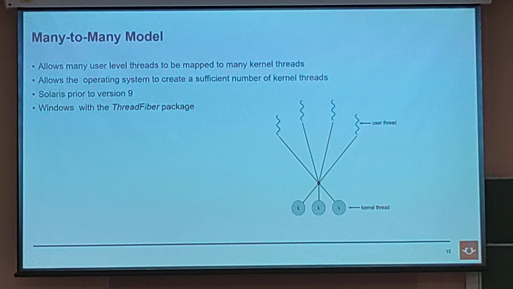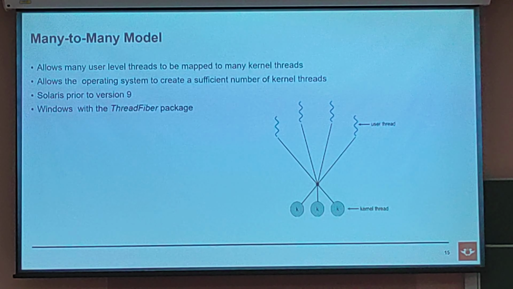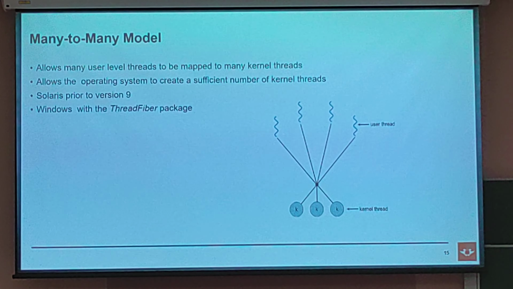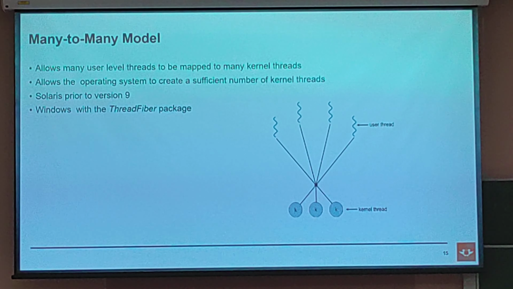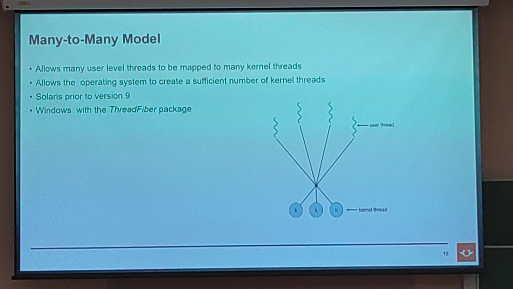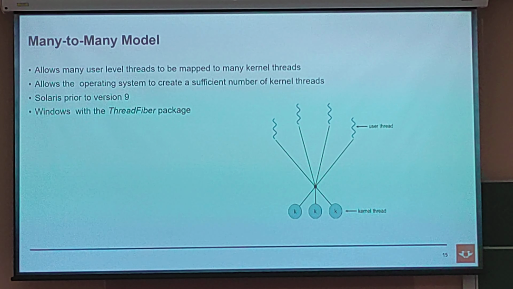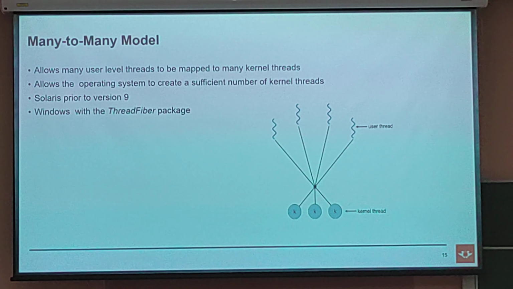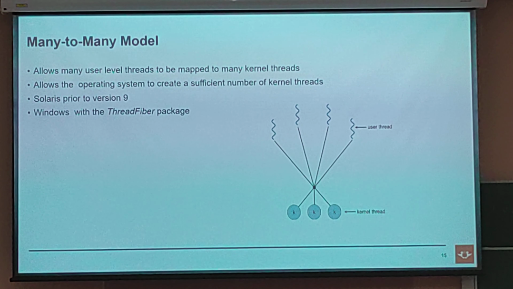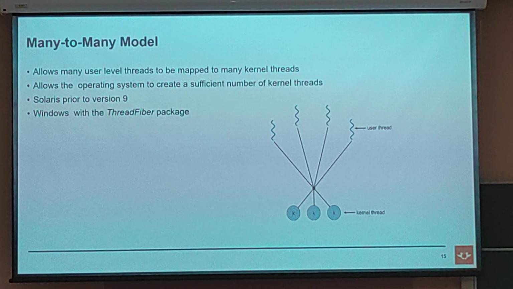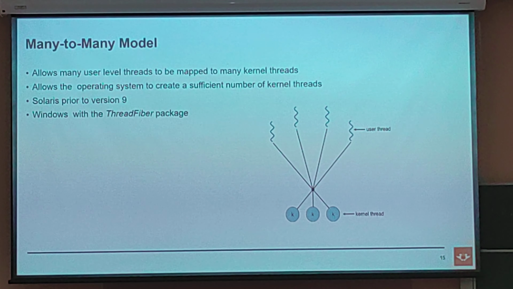And then the last one is the many-to-many model. What is interesting with the many-to-many model is that in certain runtime environments, this model is actually used, where a certain number of user-level threads get mapped to a different number of threads on the kernel side.